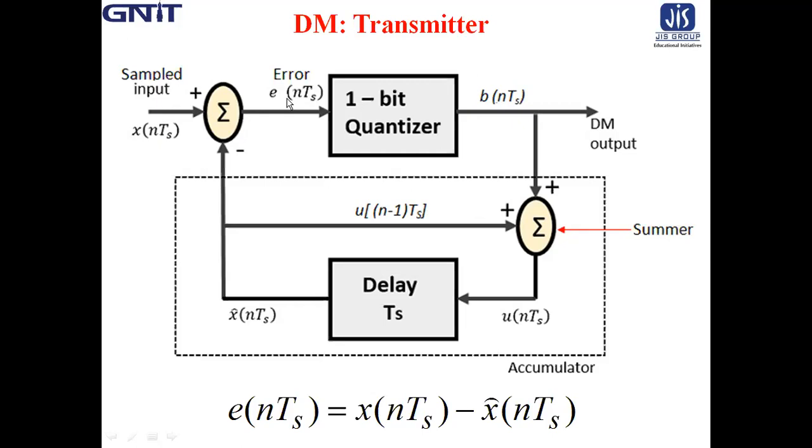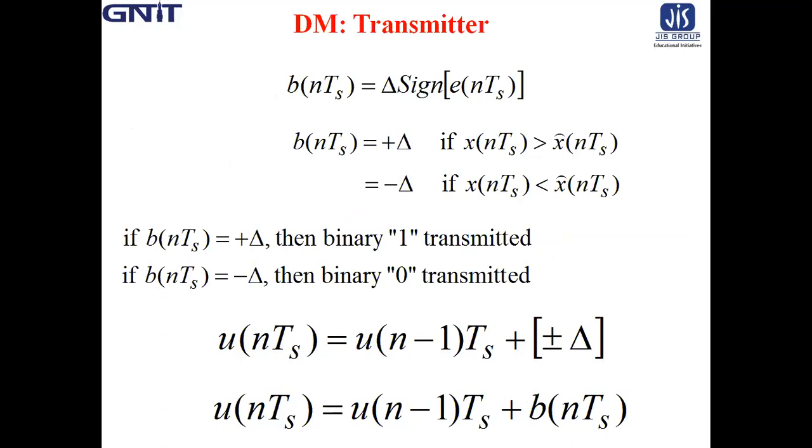So e(nTs) is the error signal, that is x(nTs) minus x cap(nTs). Again, I am repeating that x(nTs) is the present sample value and x cap(nTs) is the previous sample value. Then b(nTs). What is the value of b(nTs)? b(nTs) is equal to delta into sign of e(nTs). Sign means whether it is plus or minus.